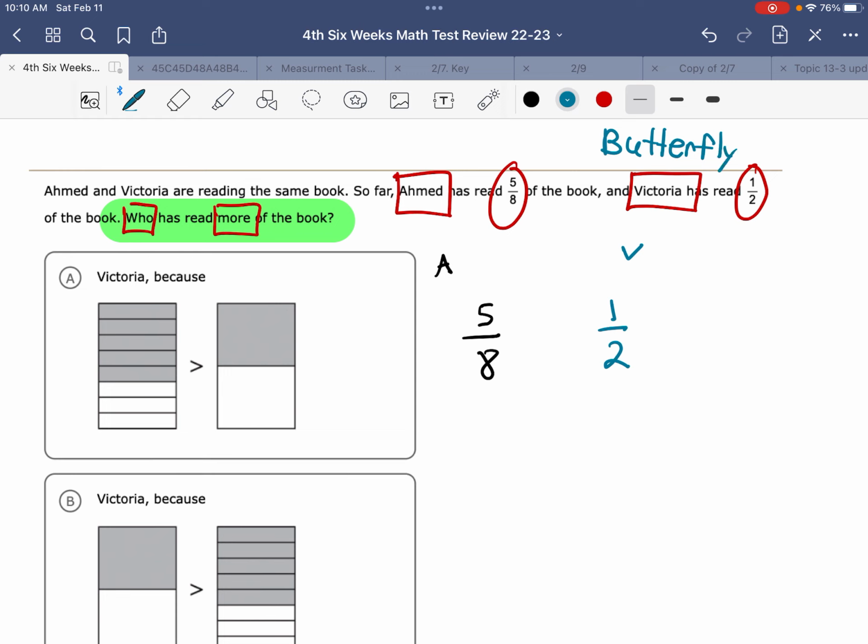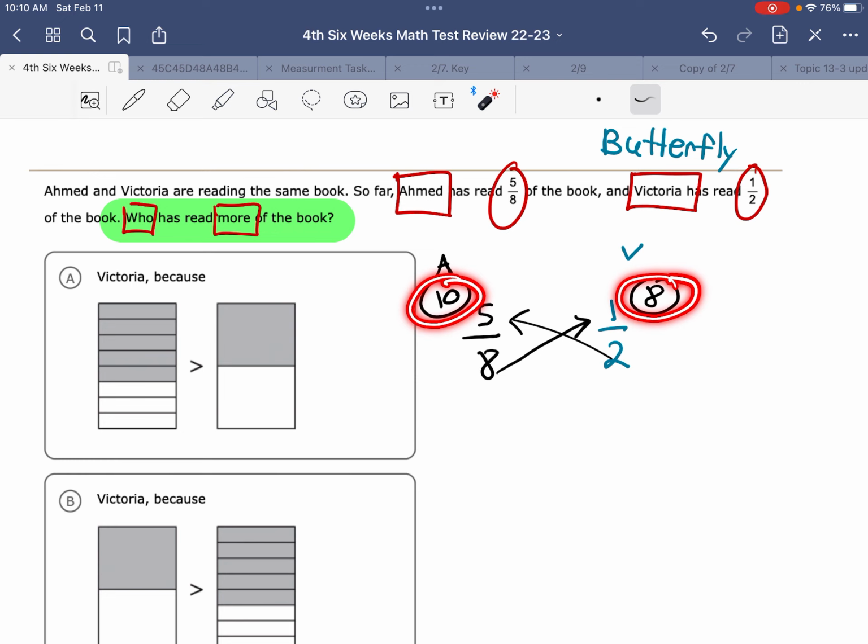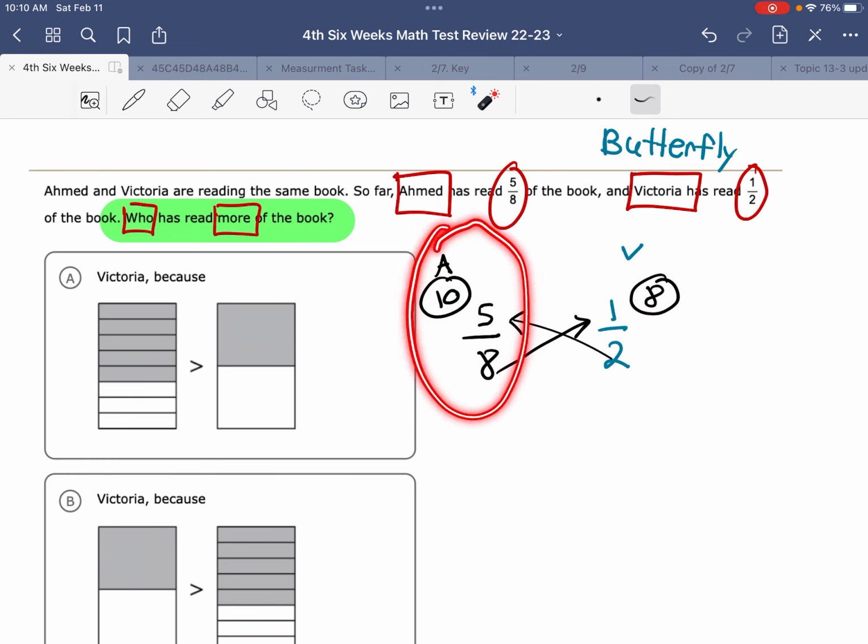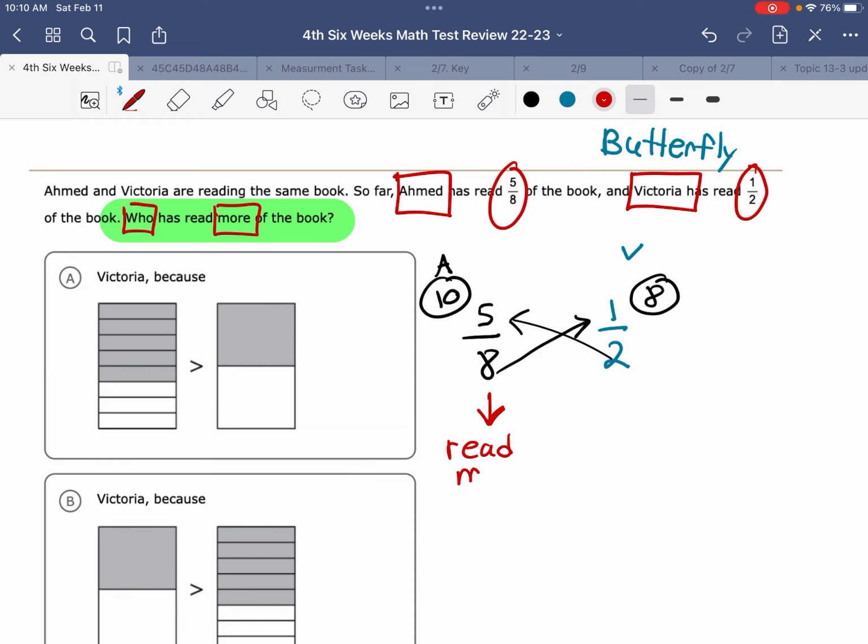So I'm going to cross multiply. 8 times 1 is 8, and 5 times 2 is 10. So now if I look at the numbers, I have 10, I have 8. Well, 10 is greater, so I know that Ahmed read more. So I'm just going to put a little note on the bottom and just put read more.